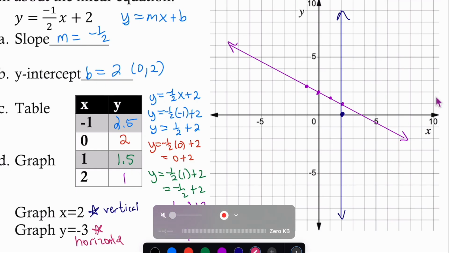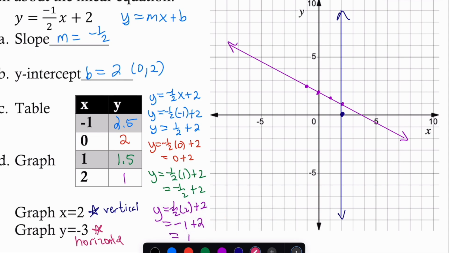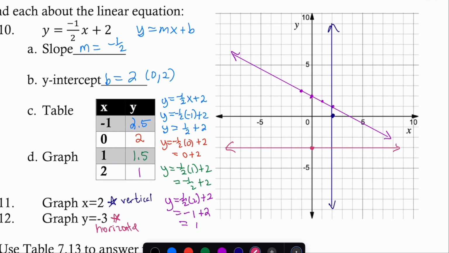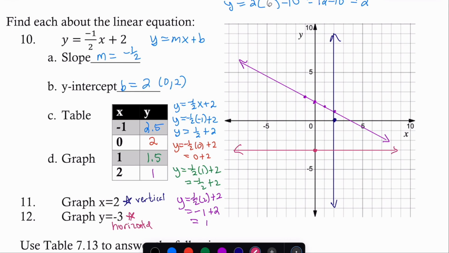Go to where y equals negative 3. Put a little dot and make a horizontal line. So that is what you're going to need to know about graphing lines.